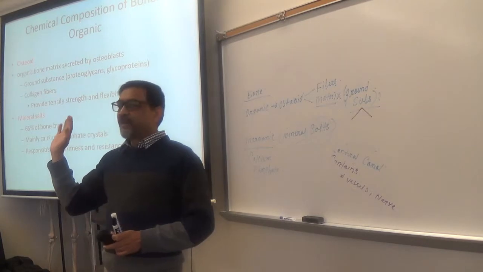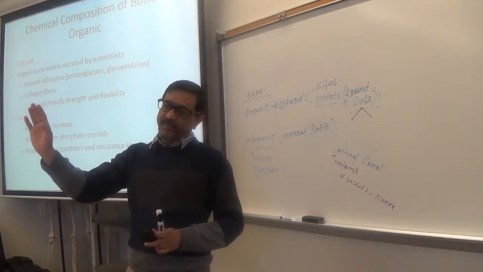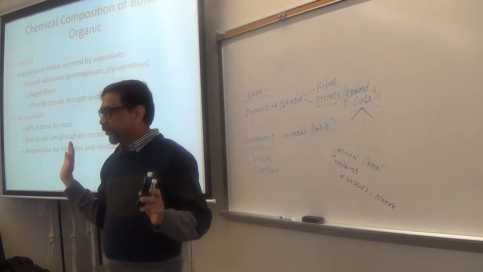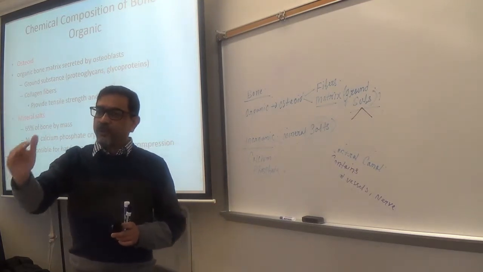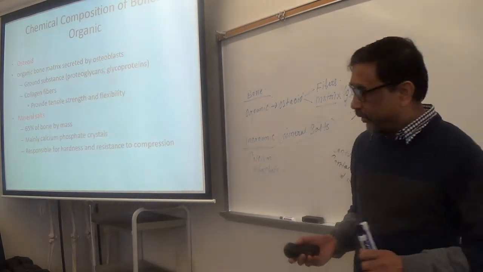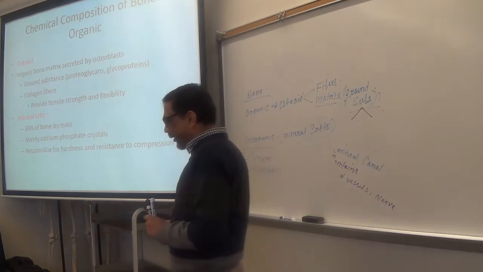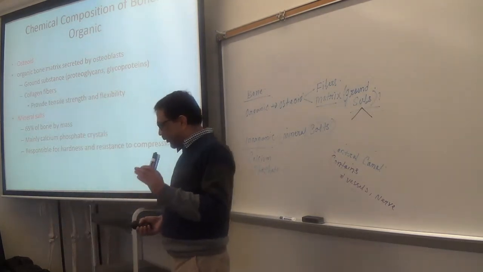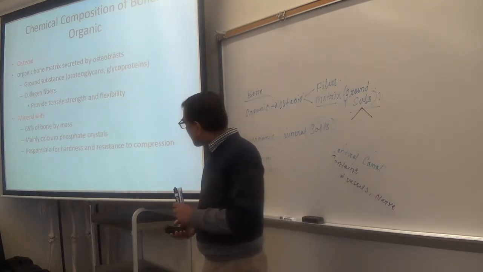And ground substances include proteoglycans and glycoproteins. Those two things. Now let's go to inorganic, which makes about 65% of mass. And the inorganic part has the chemicals called calcium and phosphorus.